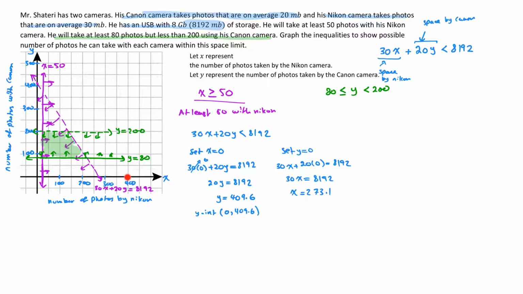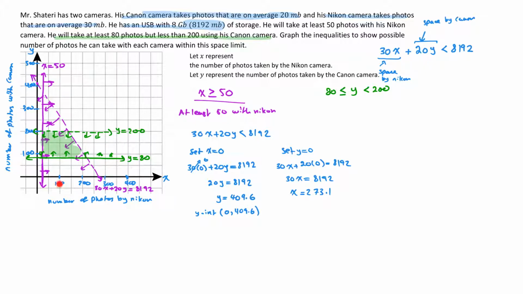And that actually makes sense because if we were to multiply 400 by 30, which is how big each file coming from the Nikon is, we would actually get 12,000, and 12,000 is much bigger than the space that we have, so we actually can't make that happen. If we were to take 100 photos by the Nikon and let's say 350, it's not part of our solution, so based on our restrictions, that can't be an answer.